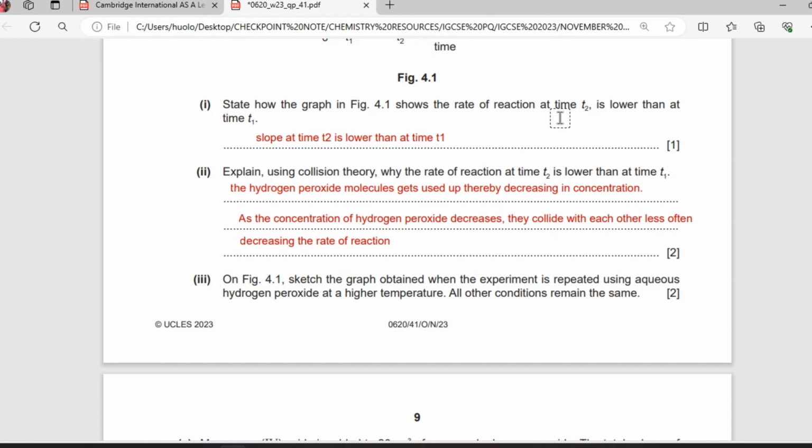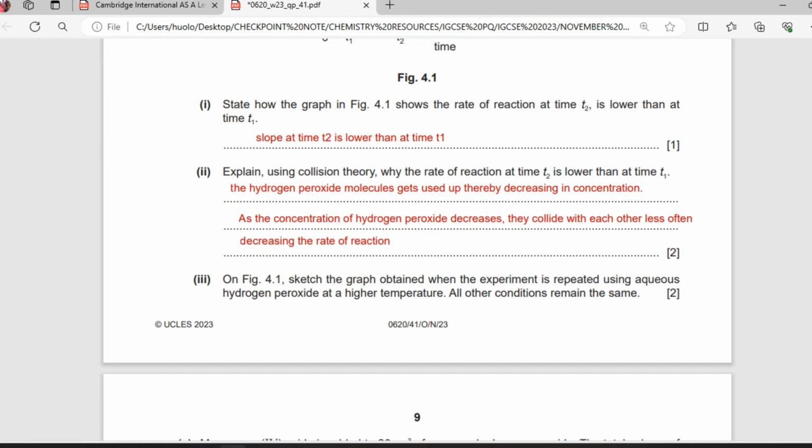So we have fewer molecules, fewer collisions, and so you expect a decrease in rate of reaction. Your ability to say that the concentration is getting used up or decreased, 1 mark. Your ability to say that there is less collision between the molecules, 1 mark. That gives you your 2 marks.